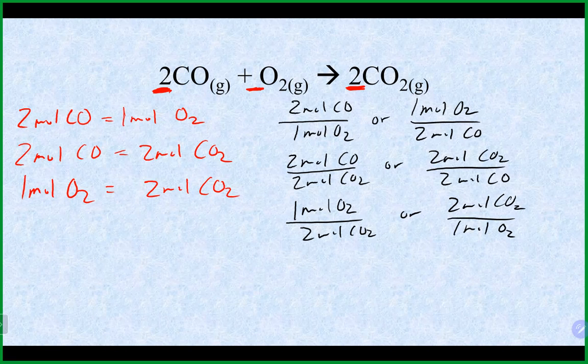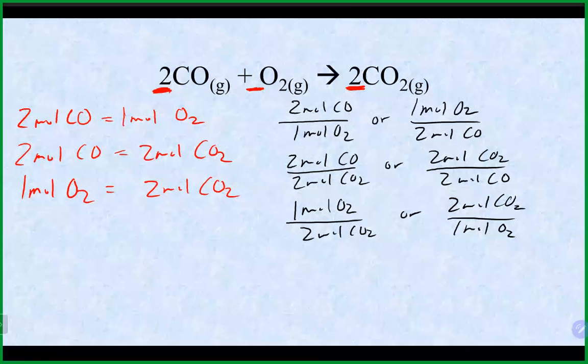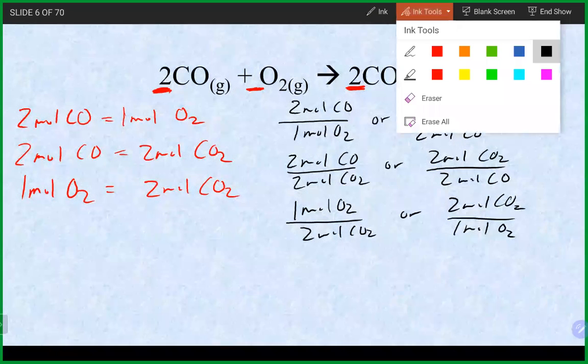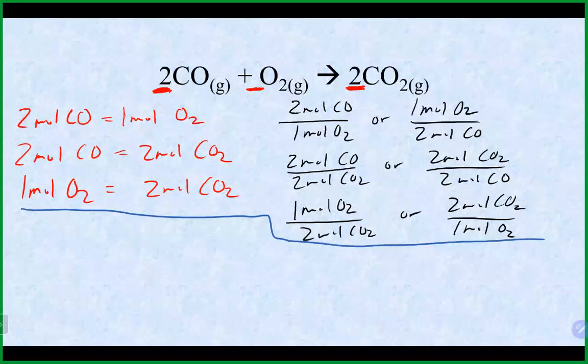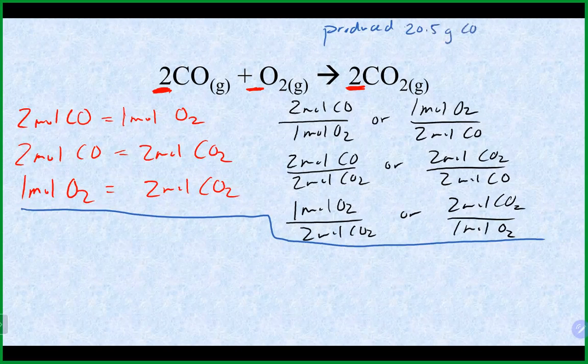So let's see how this works. For example, let's say in this reaction here, we produced 20.5 grams of CO2, and we want to know how many grams of O2 did we start with.